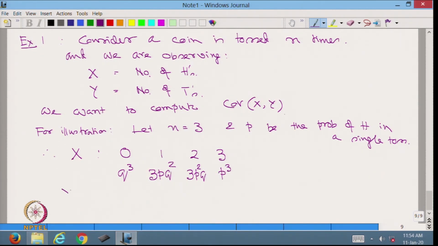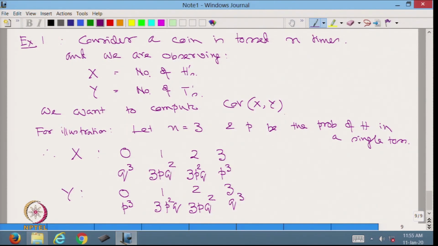Therefore, y is the number of tails. Y also can be 0, 1, 2 and 3, and probability y is equal to 0 means all three are heads. Probability y is equal to 1 means 3 p square q, then 3 p q square.